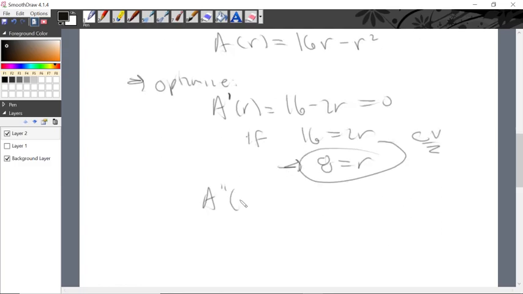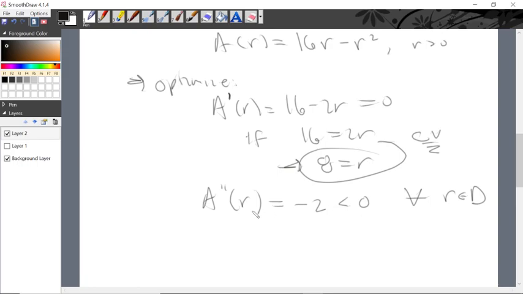Let's check the behavior at that critical value using the second derivative test. The second derivative is -2, and -2 is less than 0 for all r in the domain of this function. Right now we have that r is greater than 0.